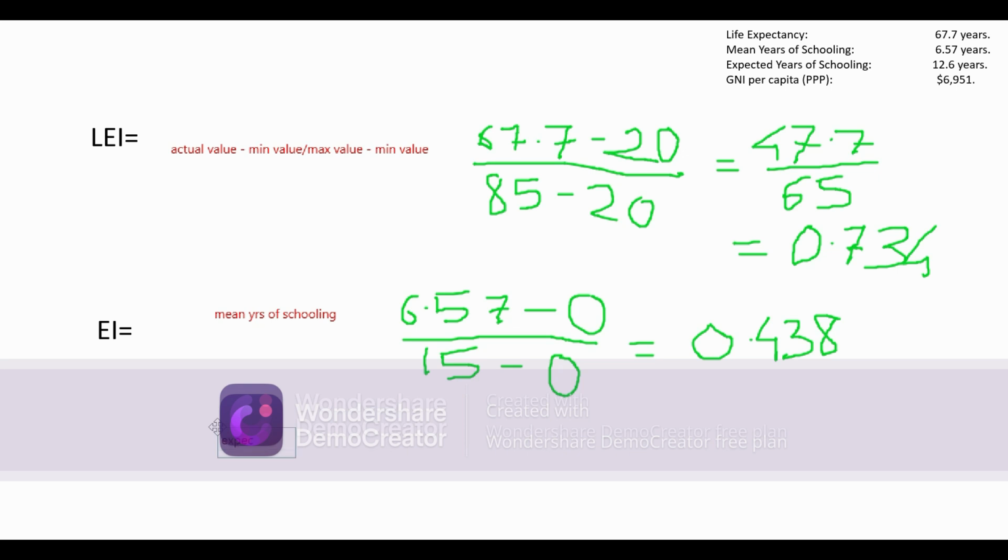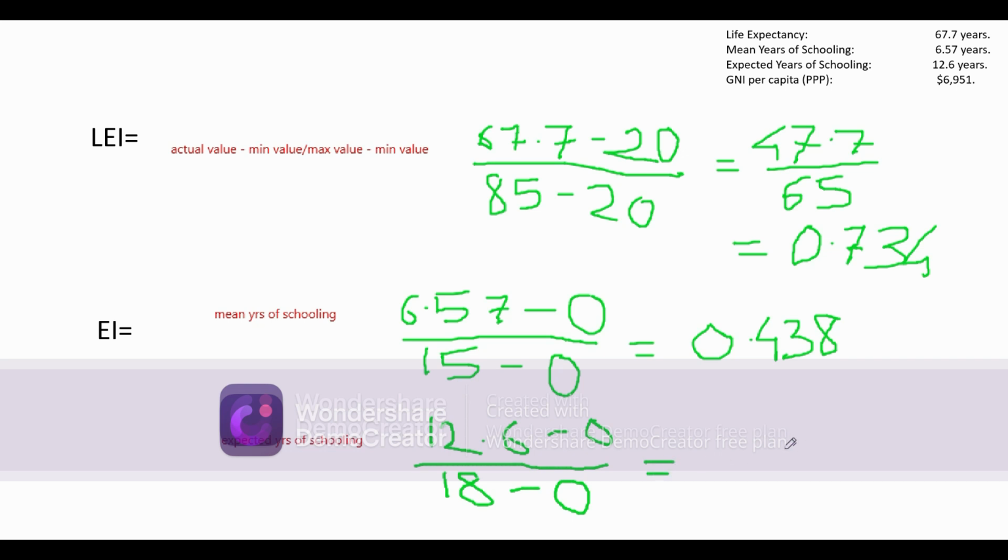Now let's go for expected years of schooling, where the actual number is 12.6, the minimum value is 0, divided by the maximum value for expected years of schooling, 18, minus 0.